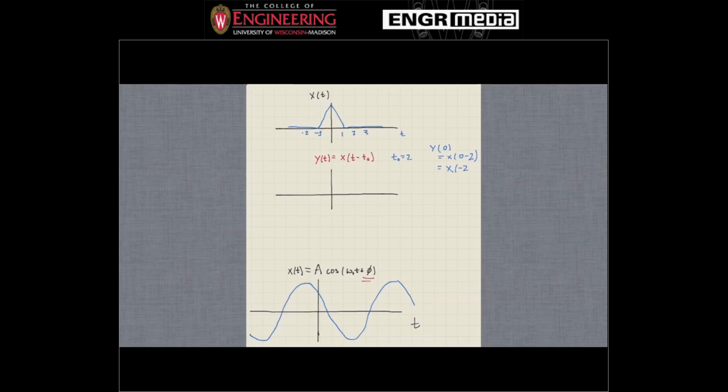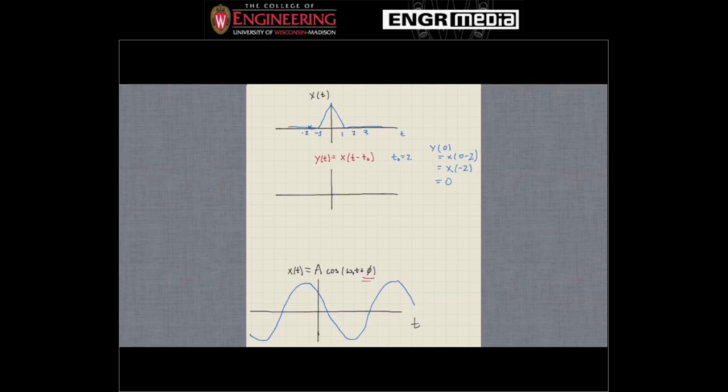Okay. So if we go back up to the original plot, x at minus 2 should be right there, and that's actually equal to 0, right? So that tells us that y of 0, which equals x of minus 2, just equals 0. Okay, just note that point there.